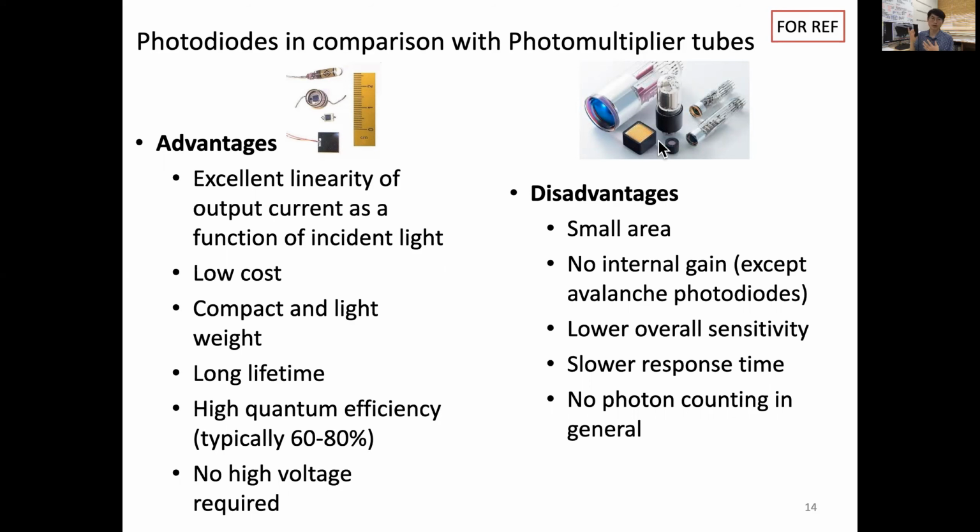As you remember, there are multiple dynodes which multiply the photocurrent. Photodiode has an overall lower sensitivity compared to the PMT, and a slower response time. Because of that low sensitivity, you can't count photons in general with a photodiode. So their applications can be a little different.